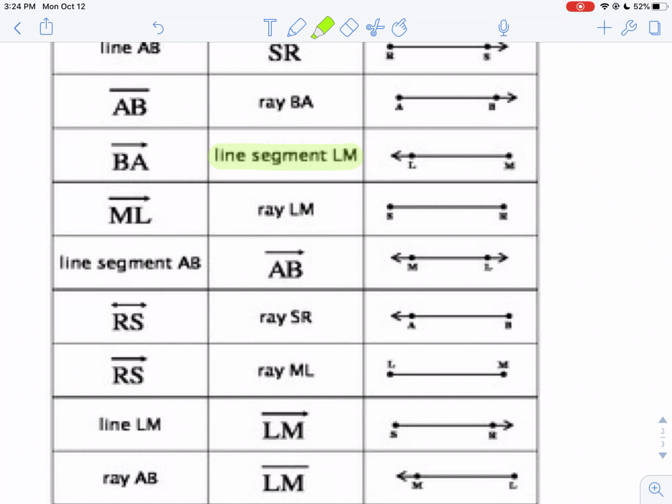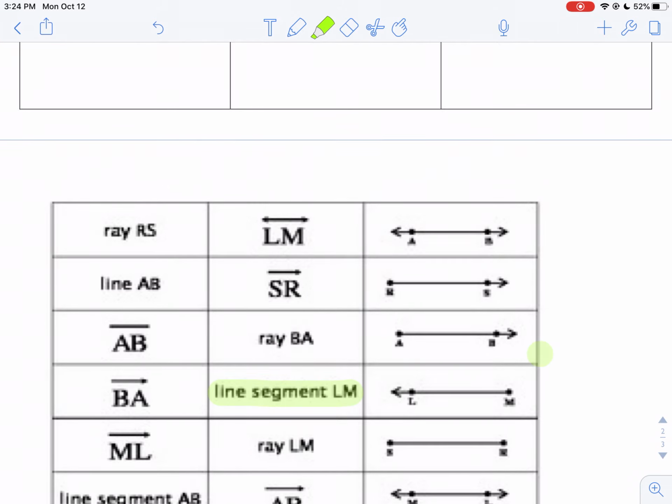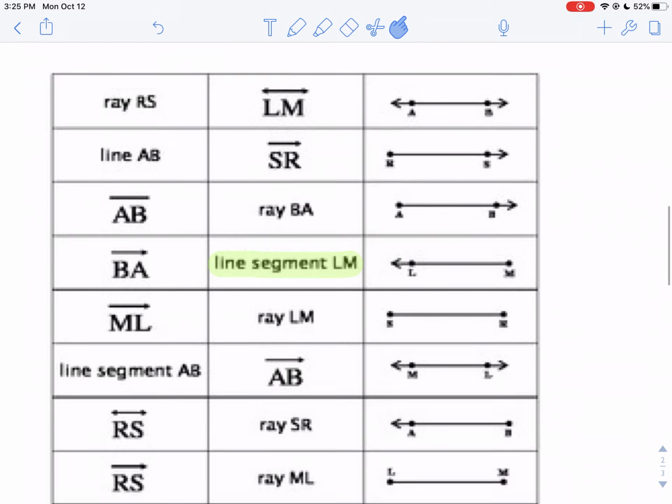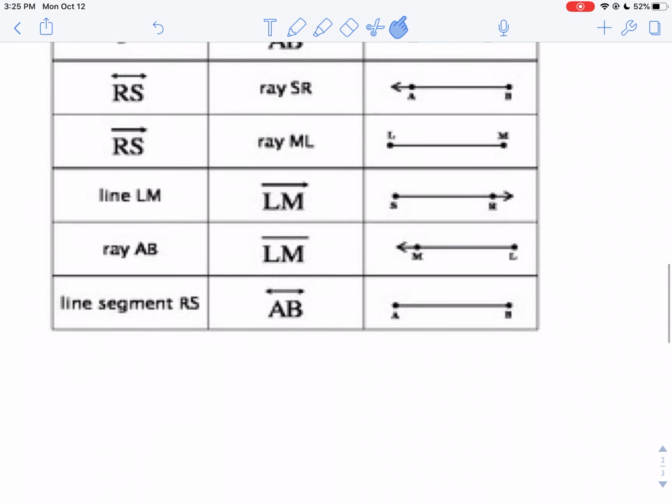And I know that a segment starts with one fixed point, and it goes in the other direction with an arrow, okay? And it starts with L. So I'm looking at L. I am going to be looking at LM. Okay, LM looks like this one right here.